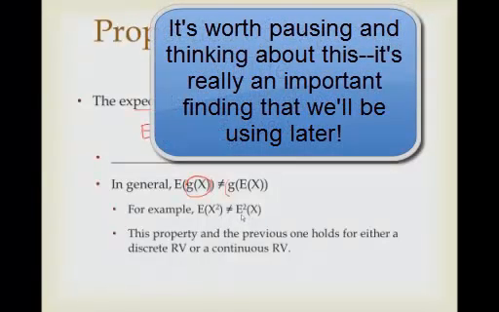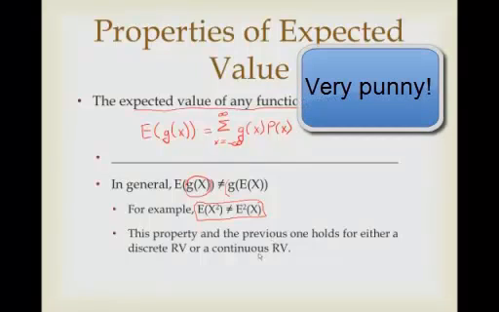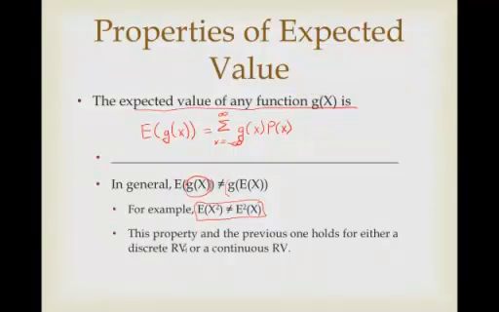This particular thing is given to you right here because we are going to see in the future that we're often taking the difference between these two values, and so they better not be the same all the time, because otherwise we would be hopeless in the face of uncertainty. So this property and the previous one hold for either a discrete random variable or a continuous one.